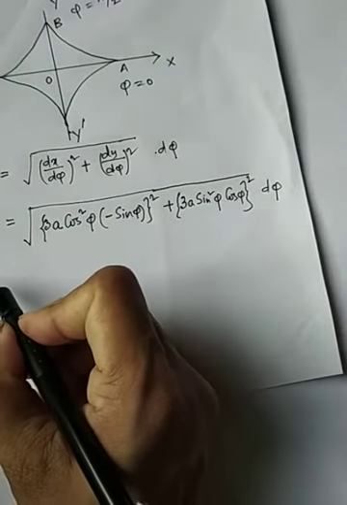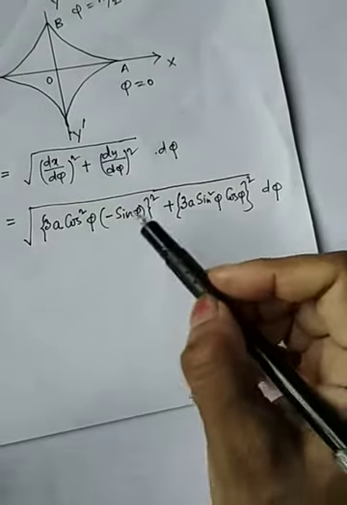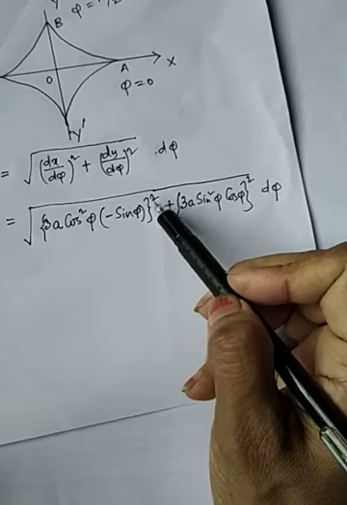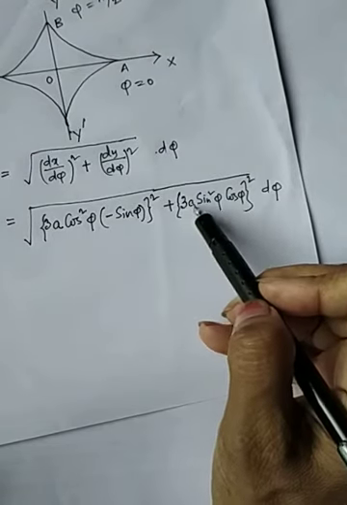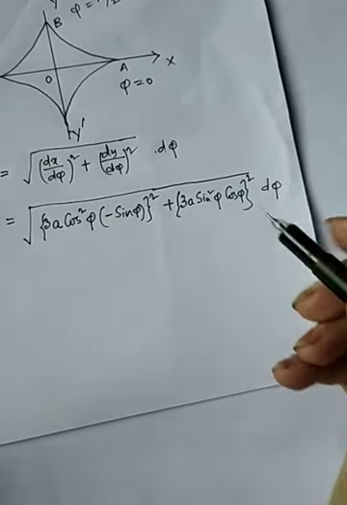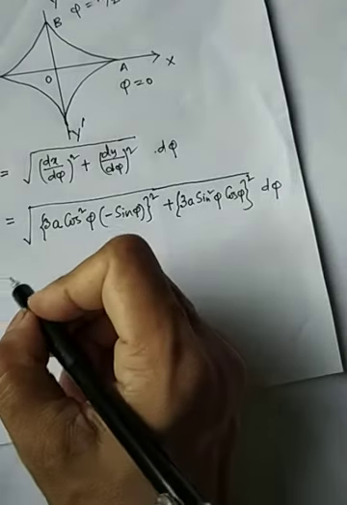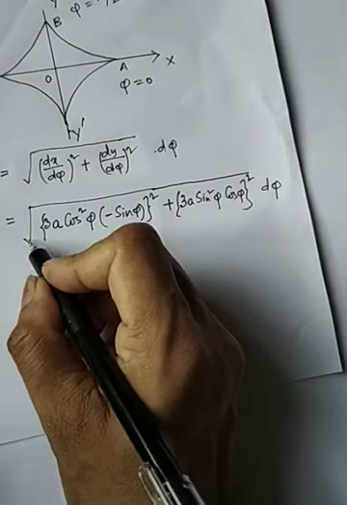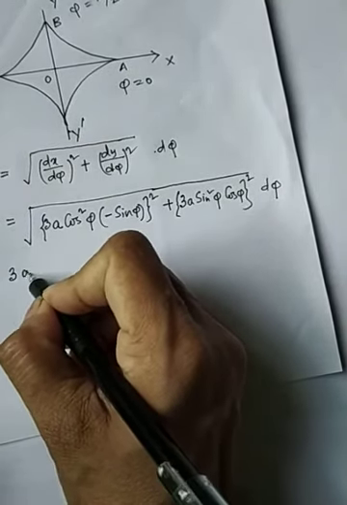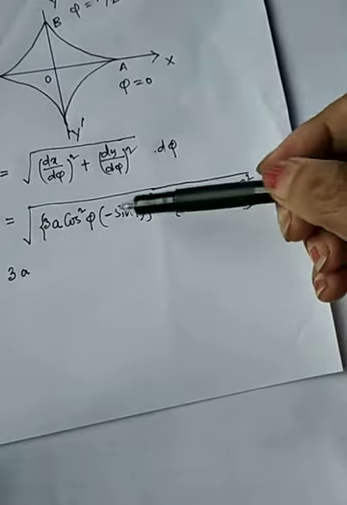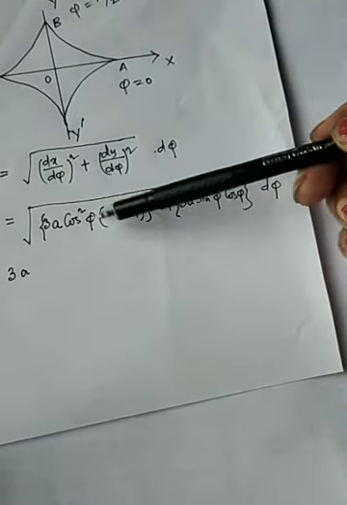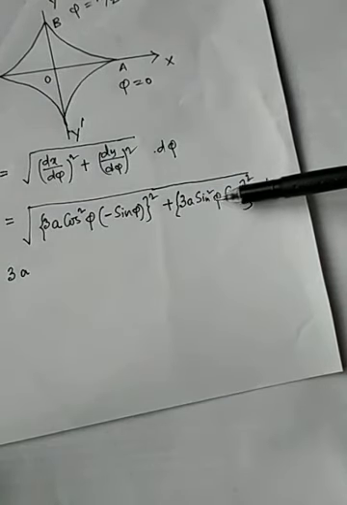So if you do this calculation, look, 3a whole square, that is 9a square. Here also 3a whole square, that is 9a square. So you can take common 9a square, and out of the square root that will be 3a, and under the root there is cos square phi and sin square phi, and here also sin square phi, cos square phi.